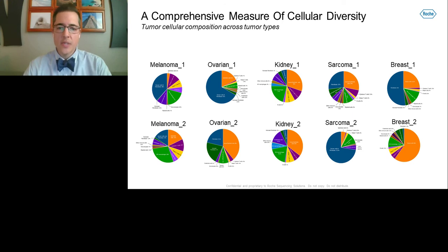As you can see, some of these tumors look similar and some of them look very, very different. This is what we're finding across all different tumor types that we've looked at. What this flow cytometry of fixed tissue enables us to do is better appreciate the diversity at the cellular level of tumor composition.